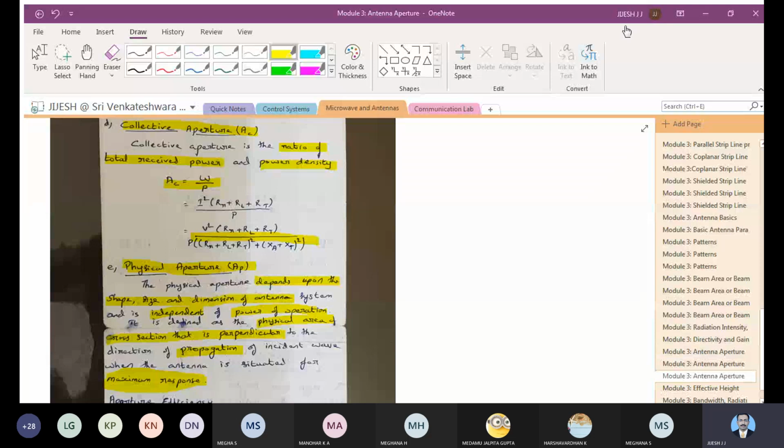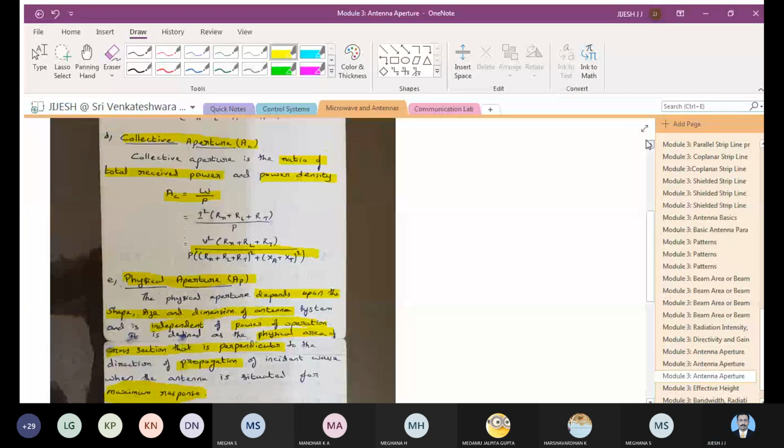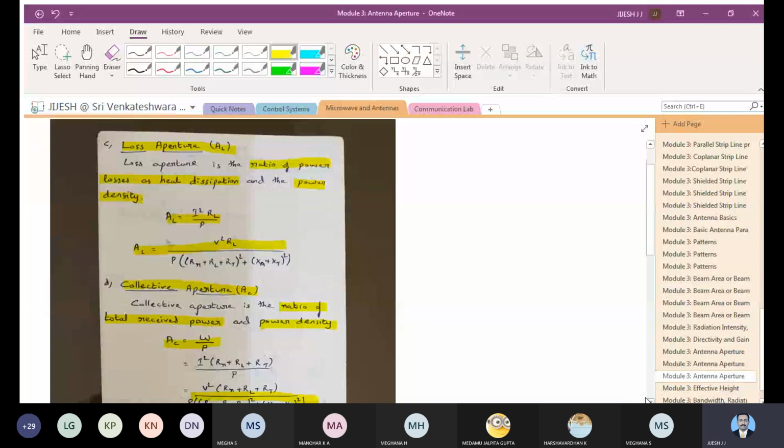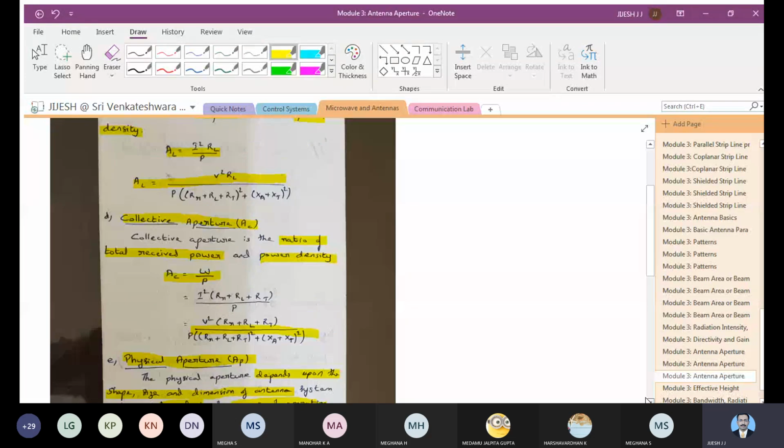For those who have just joined, I'll brief you that we have also discussed the loss aperture, that is AL, loss as heat dissipation. AL is equal to I square RL divided by P. AL is V square RL divided by P into (RR plus RL plus RT) whole square plus (XA plus XT) whole square. Then we have discussed the collective aperture.